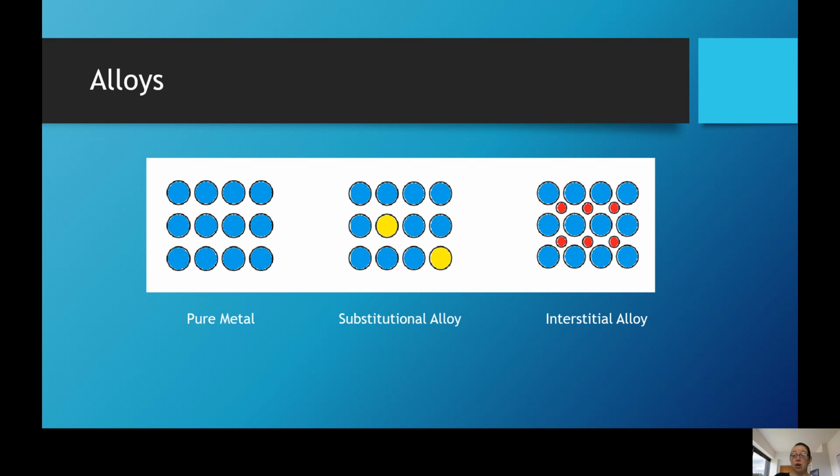Interstitial alloys are things like carbon steel. The blue atoms in that case would be the iron and the red would be the carbon, because carbon is much smaller than iron. Instead of replacing it, it actually fills in those spaces. And what that does is it makes it more rigid because then those metal cations can't slide against each other like they would if they didn't have anything between them.